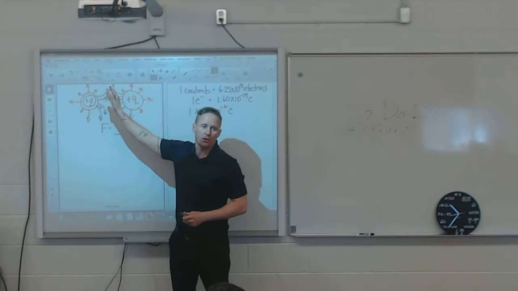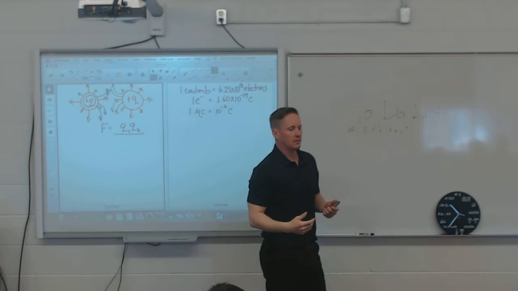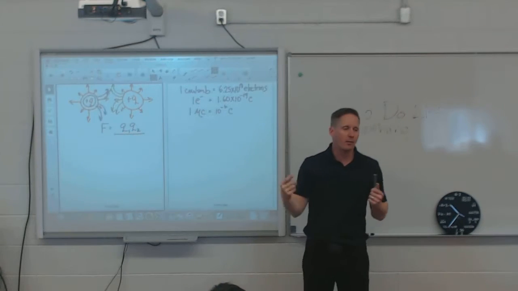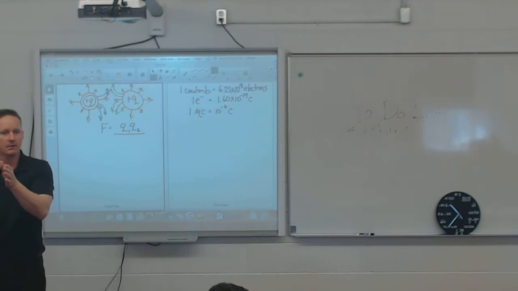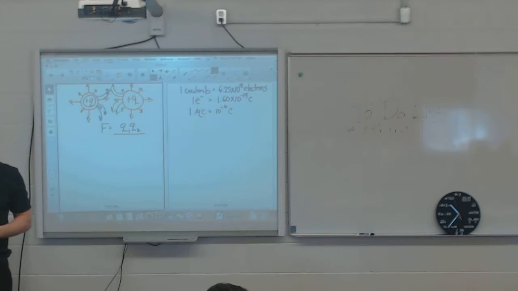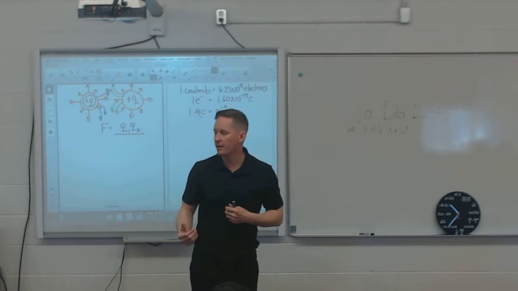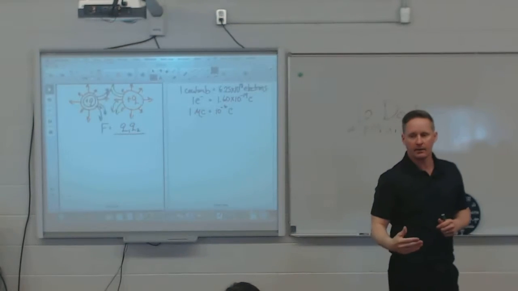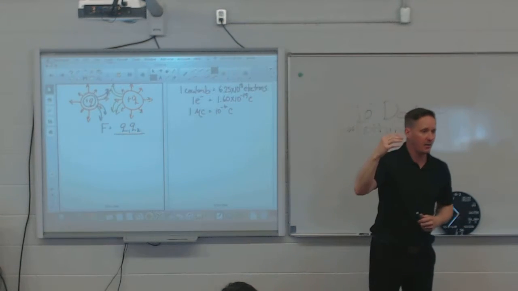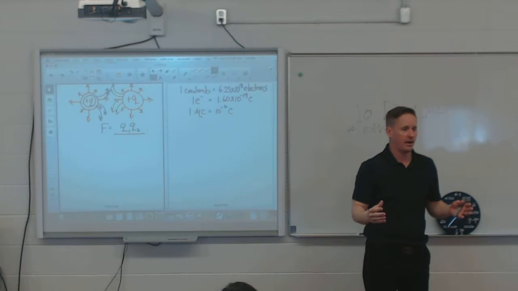If I bring it closer, will I have more force or less force when I bring these two objects closer? More force? Okay, think about it like this. The further we get away from the sun, do we have more or less gravity? Less. So the further we move away, the less gravity. How about from the center of the earth? The center of the earth is holding us here right now, right?